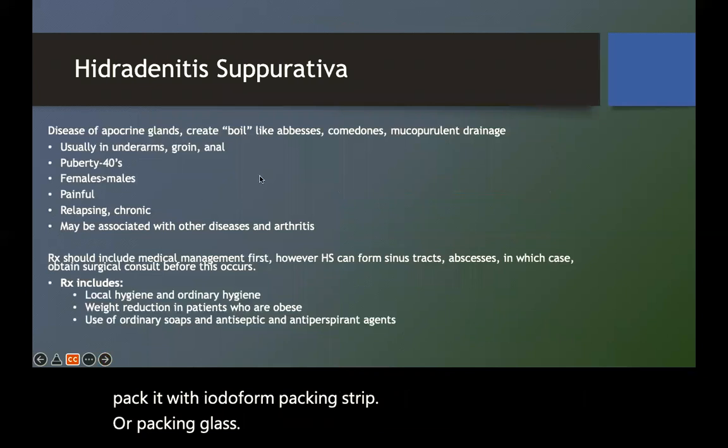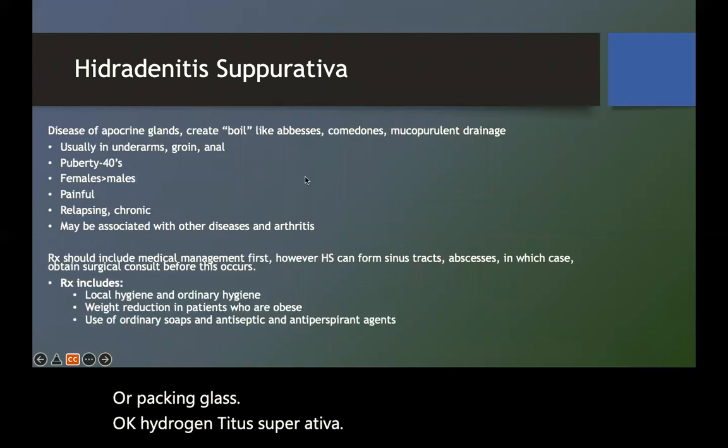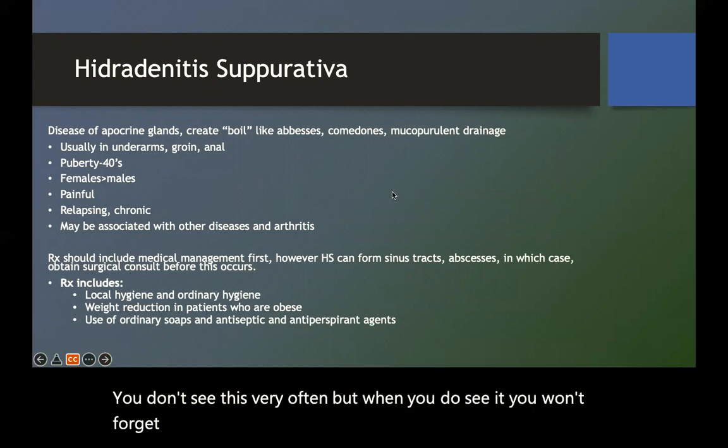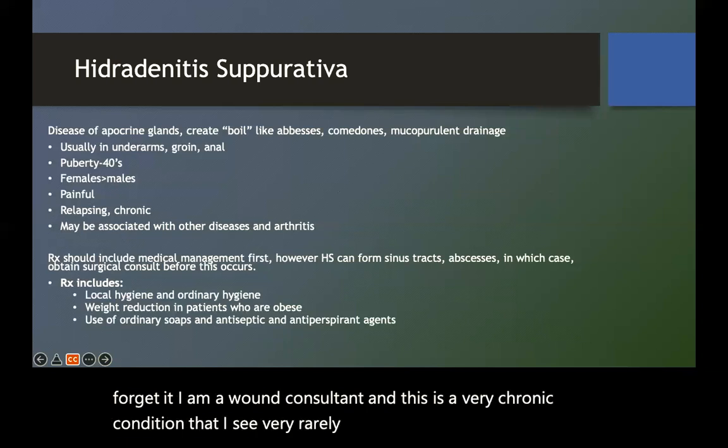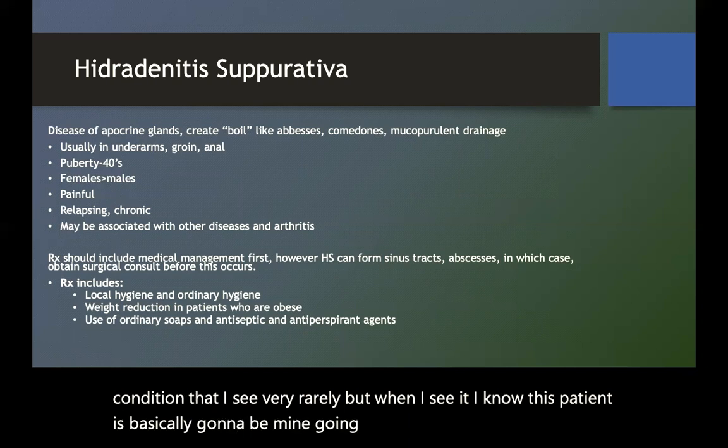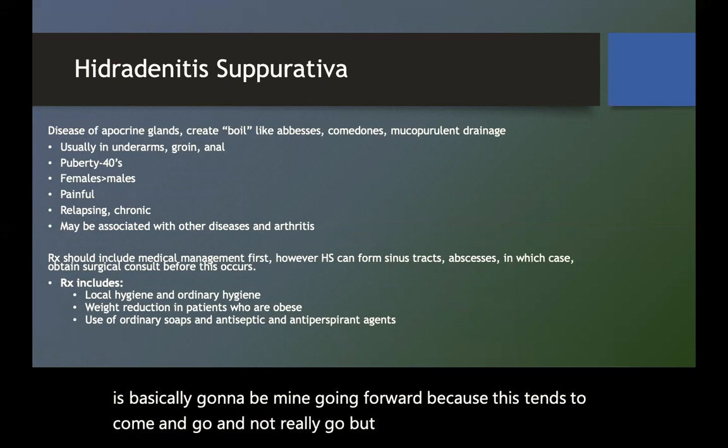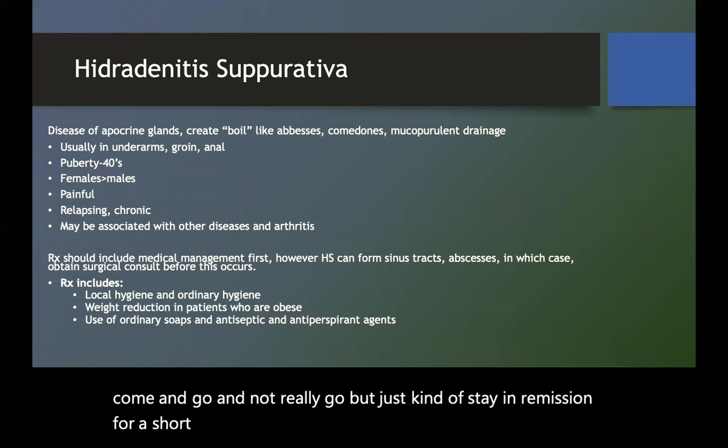Okay, hidradenitis suppurativa. You don't see this very often, but when you do see it, you won't forget it. I am a wound consultant, and this is a very chronic condition that I see very rarely, but when I see it, I know this patient is basically going to be mine going forward, because this tends to come and go, or not really go, but just stay in remission for a short amount of time and then come back.